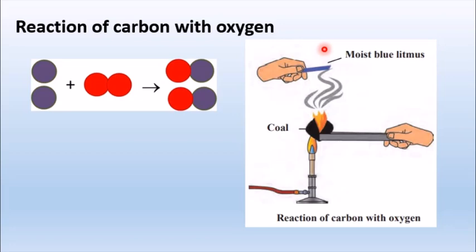Here we have carbon dioxide, and here we have water also. When carbon dioxide combines with water, an acid is formed, that is called carbonic acid. So we can conclude from the experiment that this moist litmus paper turned red because of the carbon dioxide which is released. In turn, when it combines with the water, it forms carbonic acid.